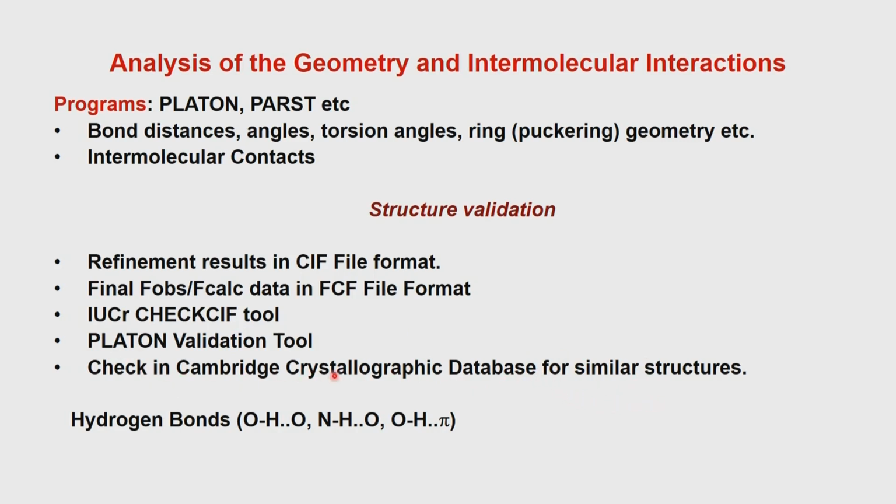So, then we can check the similarity between structures by using the Cambridge Structural Database. This will bring us to the issue of how we do crystal engineering analysis. I will have some time towards the end of the course to discuss that. So, we can also look at hydrogen bonds, various types of hydrogen bonds, strength of hydrogen bonds. We can calculate the energies that are associated with it separately.